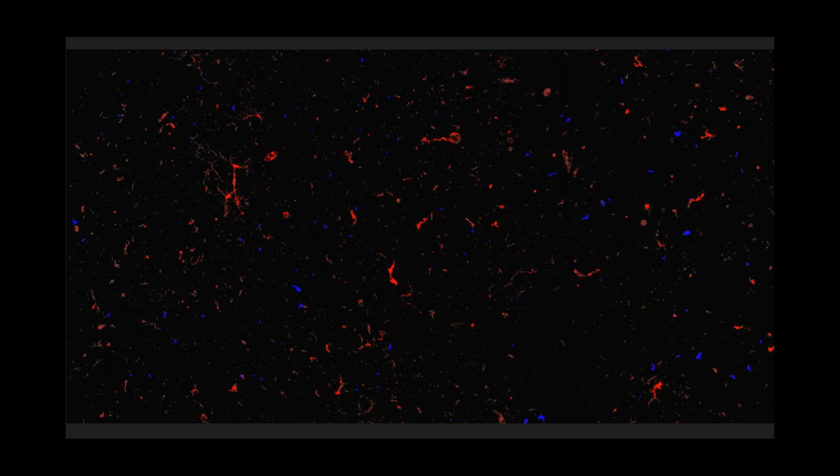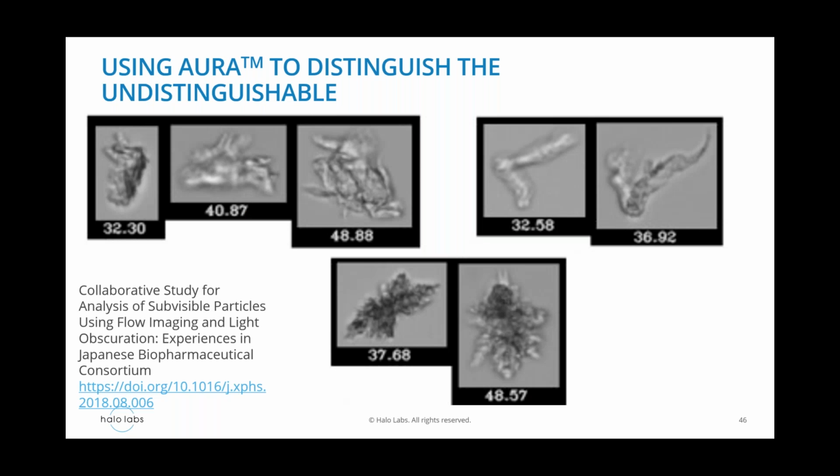We're now transforming these grayscale images to color images so that your proteinaceous particles are in red, and particles that protrude out of plane in the case of high side illumination, which, by the way, is one of the light sources required by USP 788 microscopy, are shown in blue. We have that built into our system from the ground up.